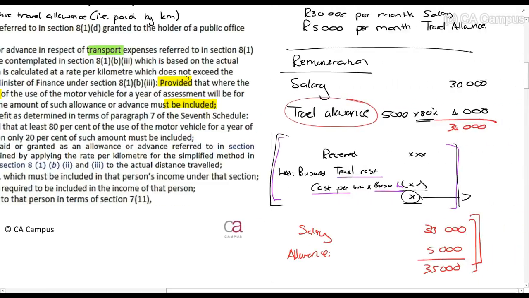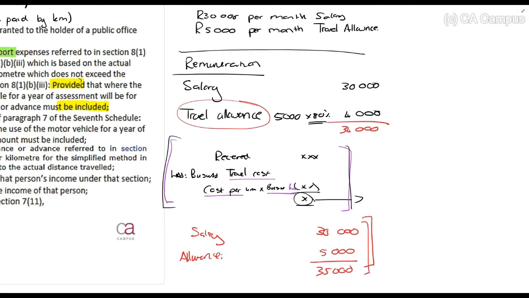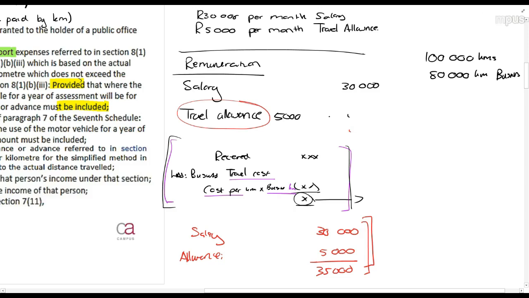So, if there is some way that you can prove to the employer that you are going to travel 80% of the time for business, so let's say you travel 100,000 kilometers for the year, it means 80,000 kilometers of that is business, right, or more. If you can prove that, then instead of using 80% over there, you will use, or your employer will use 20%. So you pay less tax per month.